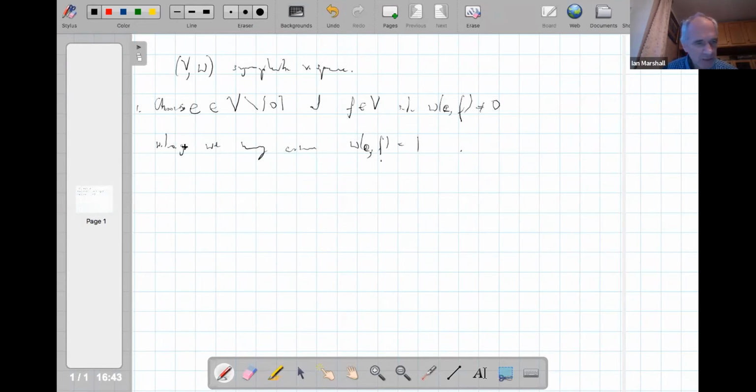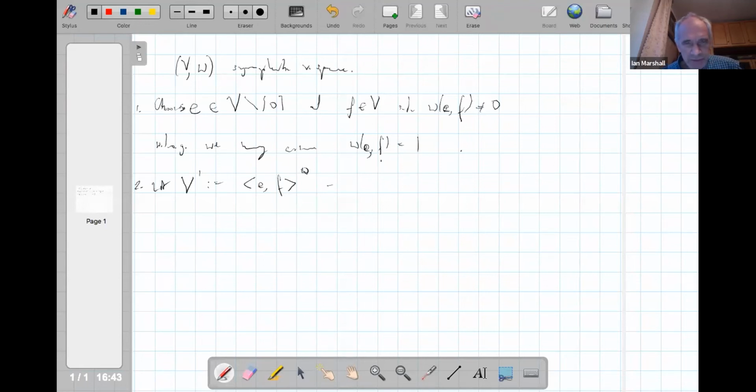Now step 2. This is just a definition. I take the span of e and f, which is a two-dimensional subspace in V, and I take its symplectic orthogonal subspace.